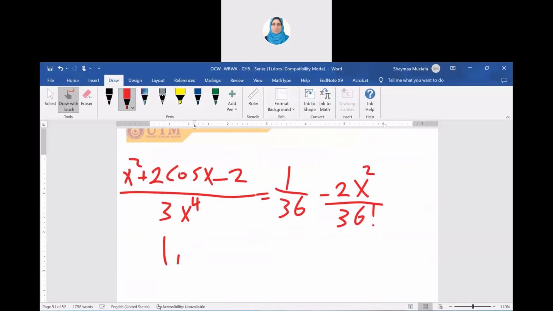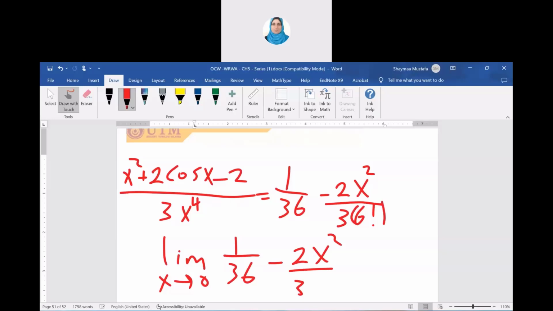The limit is 1 over 36 minus 2x squared over 3 times 6 factorial, which is equal to 1 over 36.